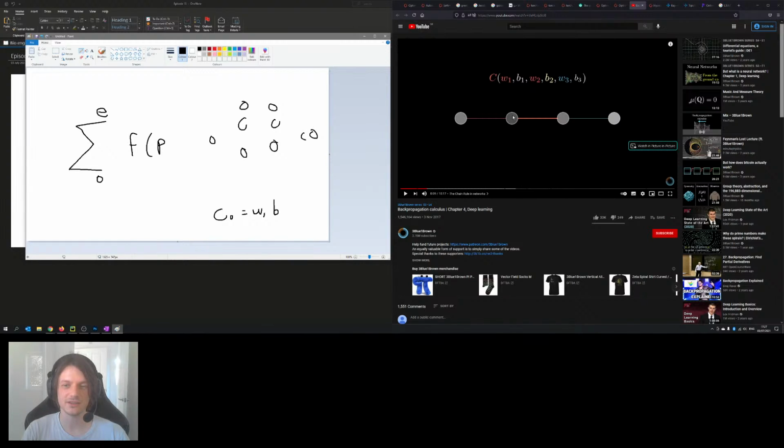The weight is this dot here, and the bias is this link here. This is weight 1 and this is bias 1, then you've got bias 2 and weight 2, and so on and so forth. So the cost is the output of those.